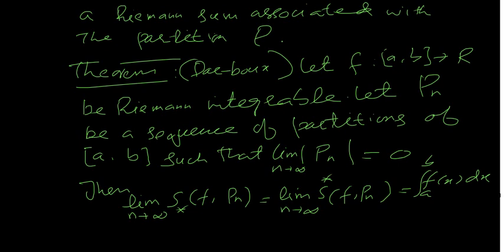So this limit is equal to the Riemann integral. f is given to be a Riemann integrable function, meaning the lower Riemann integral is the same as the upper Riemann integral.